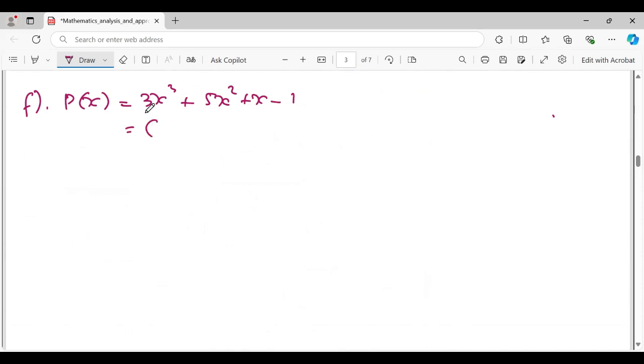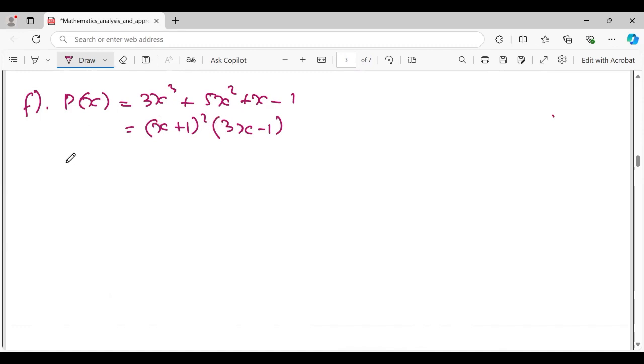And we already have the roots: (x plus 1) squared (3x minus 1). We already get the roots, and we can factorize p(x) like this.